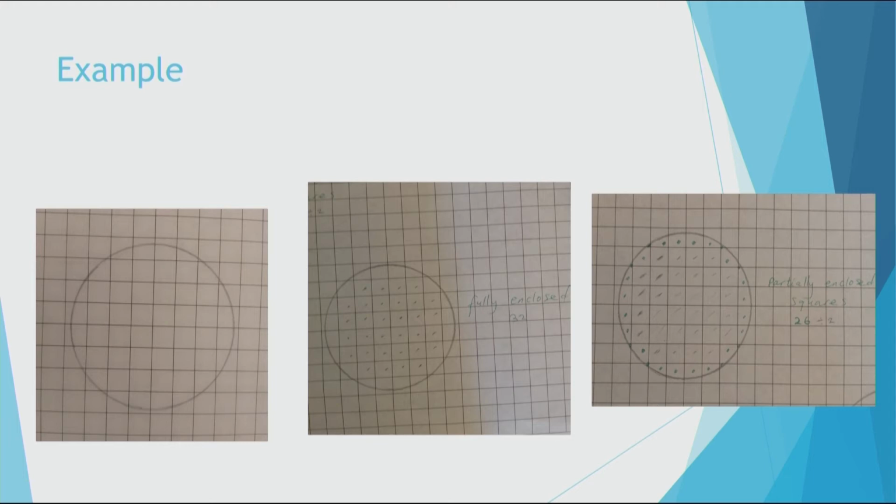I've put some dots to show that these are the ones that are fully covered. If you count them, how many are they? There are 32 squares on this circle. Okay, we leave that.